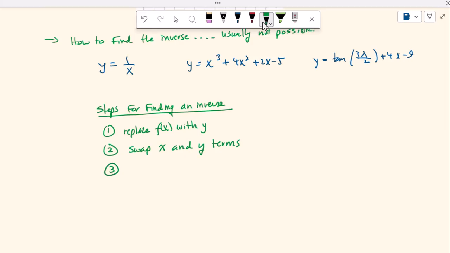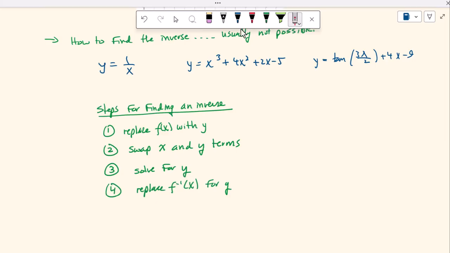Okay, now third, this is the tough part. We solve for y. And then our last step, we would replace the y value with f inverse of x notation.